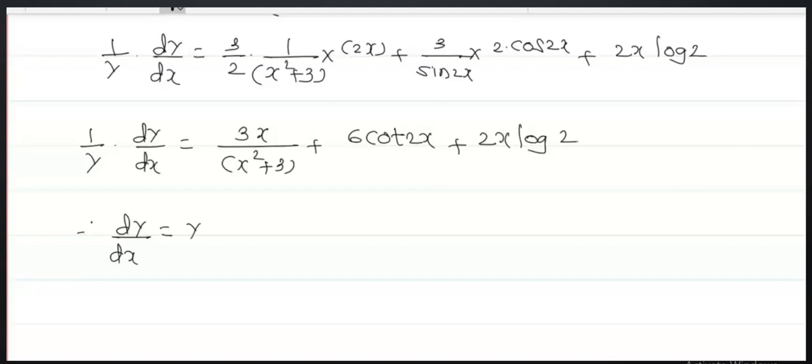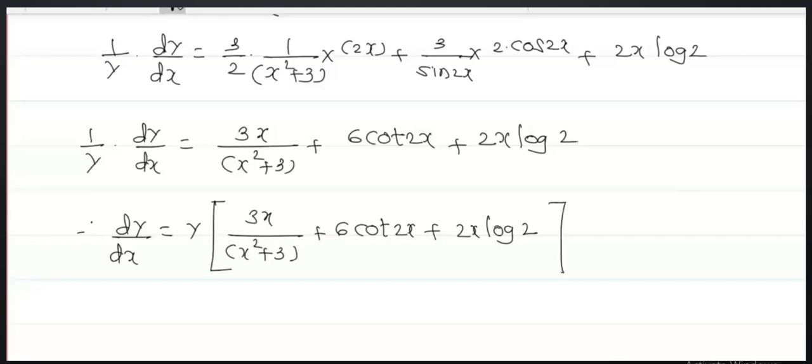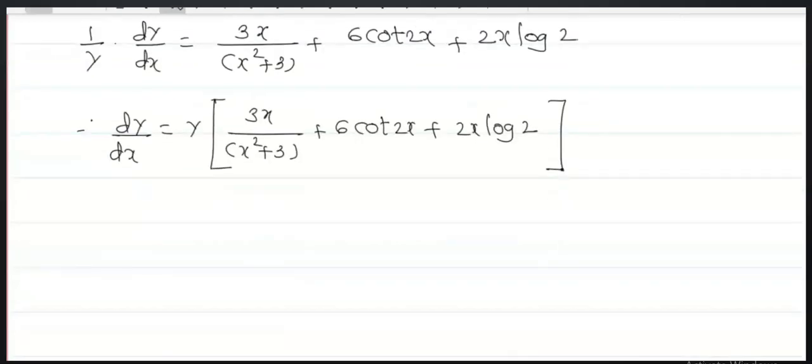Therefore, dy by dx is equal to y into 3x upon x square plus 3 plus 6 into cot of 2x plus 2x log of 2. Substitute the value of y, and that is how you will get the answer.